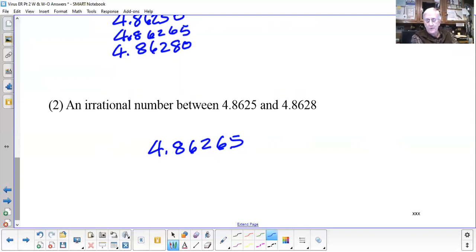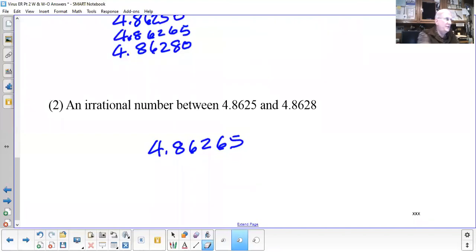Now remember, there are three ways that you can solve this problem to make everybody happy and get the right answer. One way is to cheat and put an arrow after it. What does that arrow mean? We have made it into a number that goes on forever and the numbers are all over the place. Okay? So that's one way.